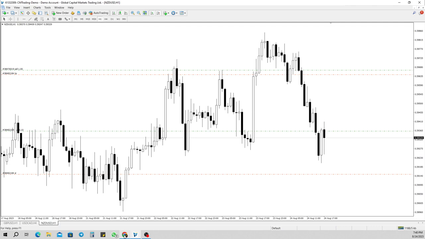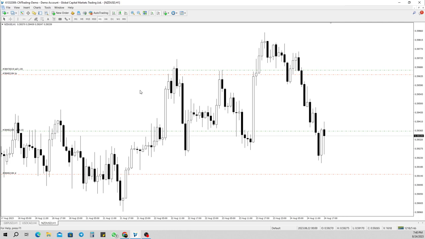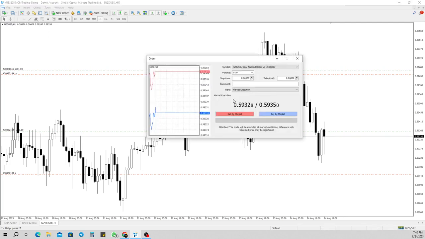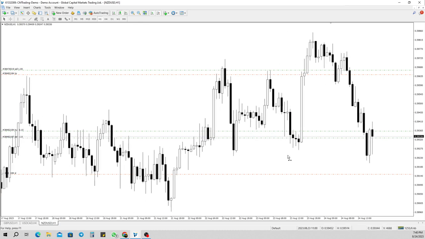Now going back to our slide here, the second type is sell market. That means you are going to enter a sell order at the current market price. So this is again very simple. You have to just click here on new order. On the type you will select market execution and now you will use this sell by market. So now your sell by market got executed.